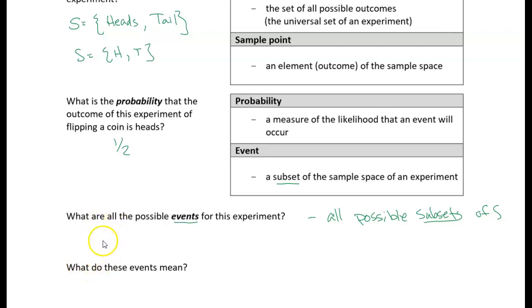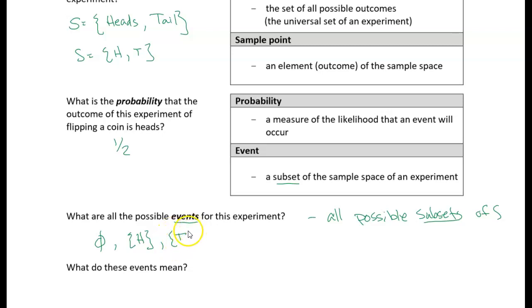Now, we did this in 6.1. We looked at all the subsets of a set. So we know that the empty set is a subset of any set. We've got the one element sets. So heads would be a subset of the sample space.